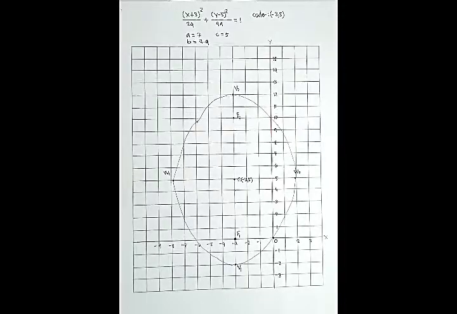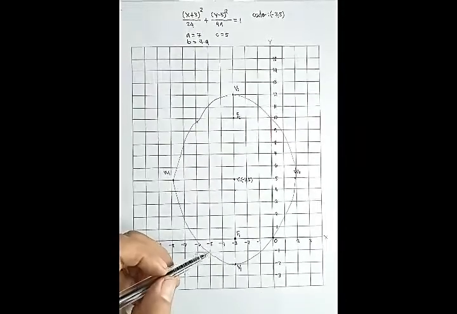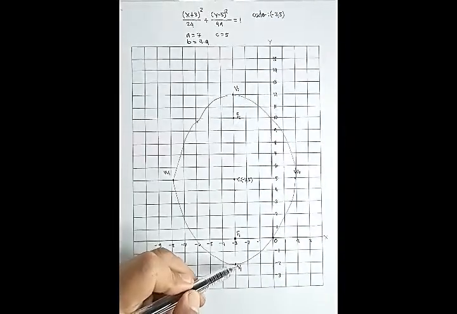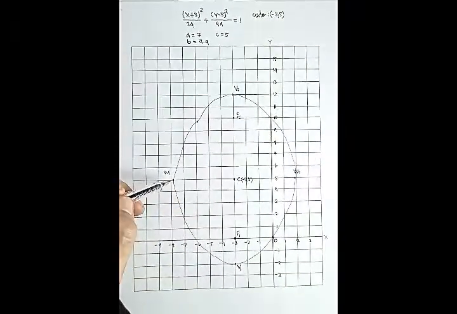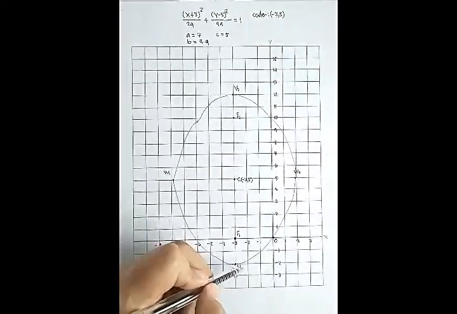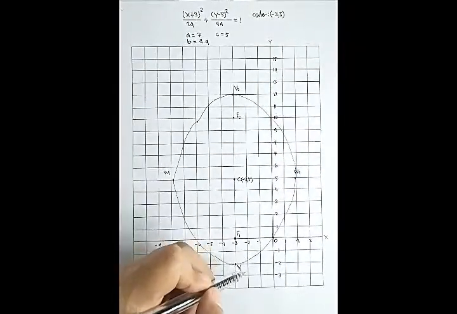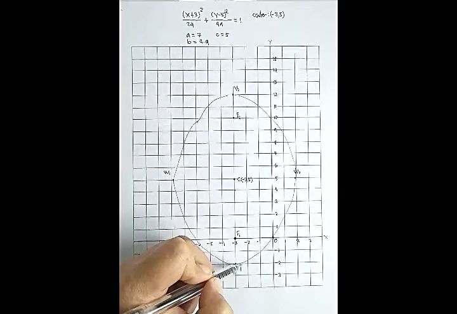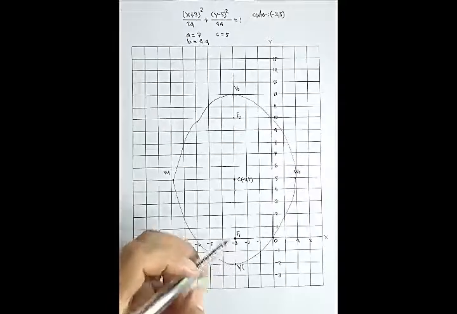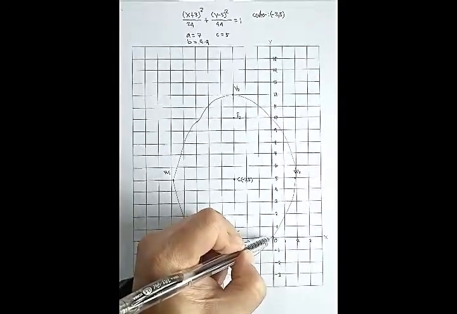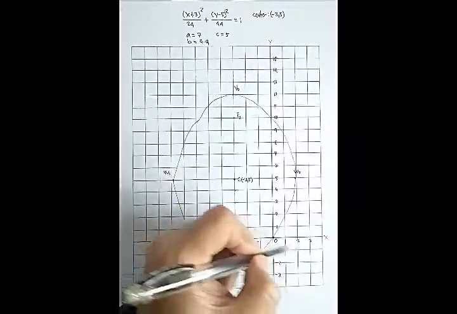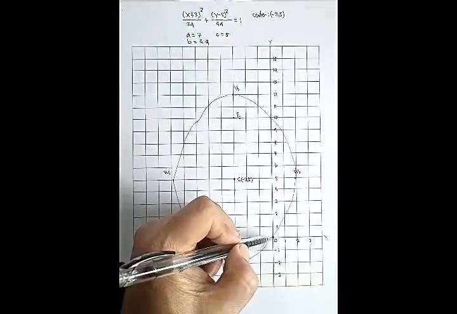Okay. Now for the location of the points. So V1, V2, W1, and W2. So in finding the location sa ato ang vertices o co-vertices, ari kita magbase sa ato origin sa atong x and y plane kung asang 0.